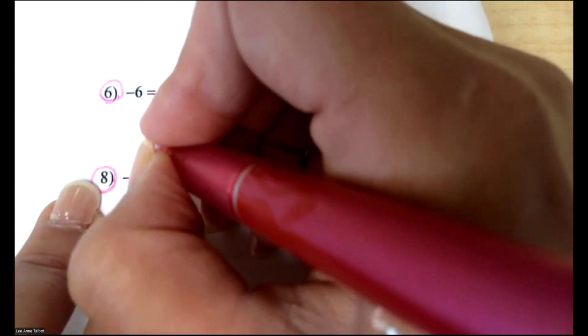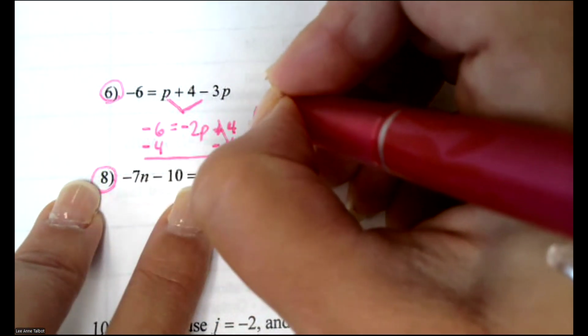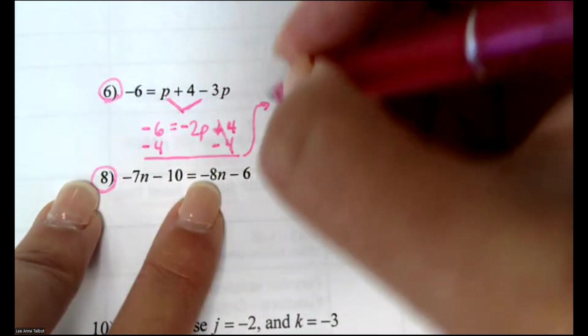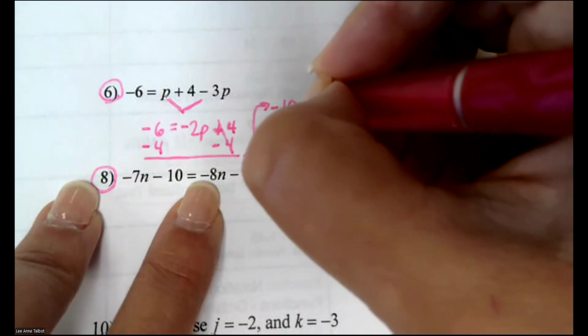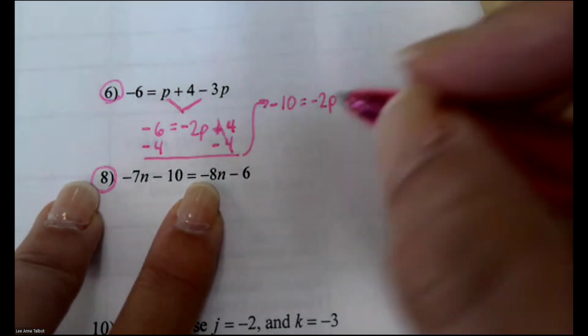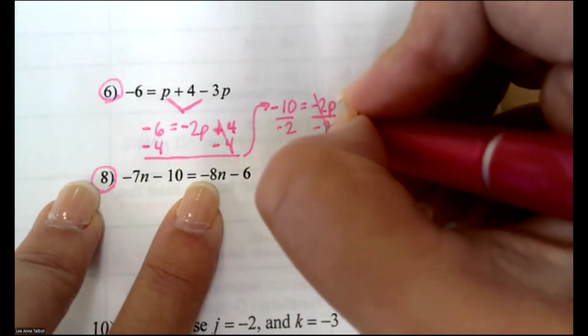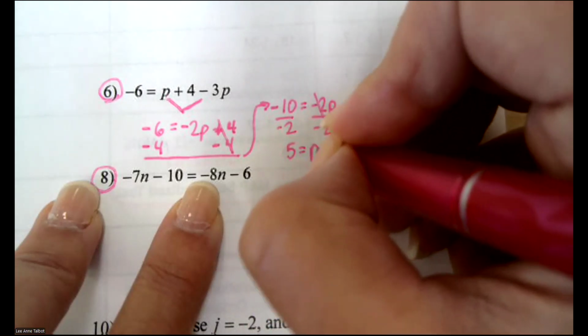Minus 4 from both sides. -6 minus 4 is -10 equals -2P. Divide by -2, 5 equals P.